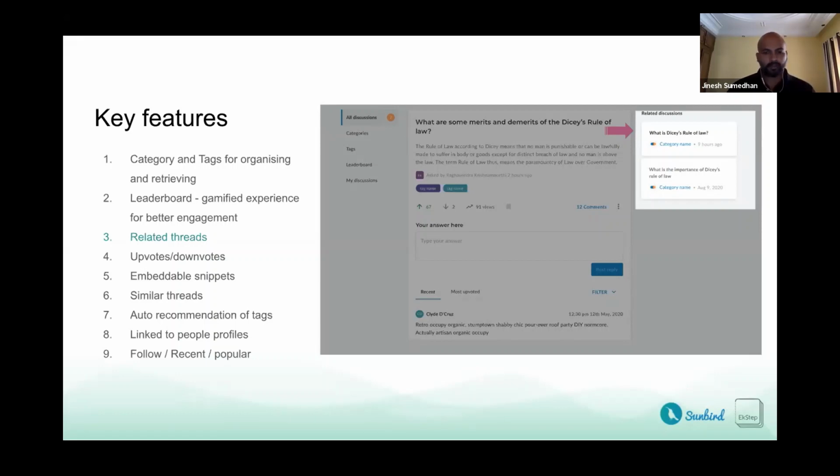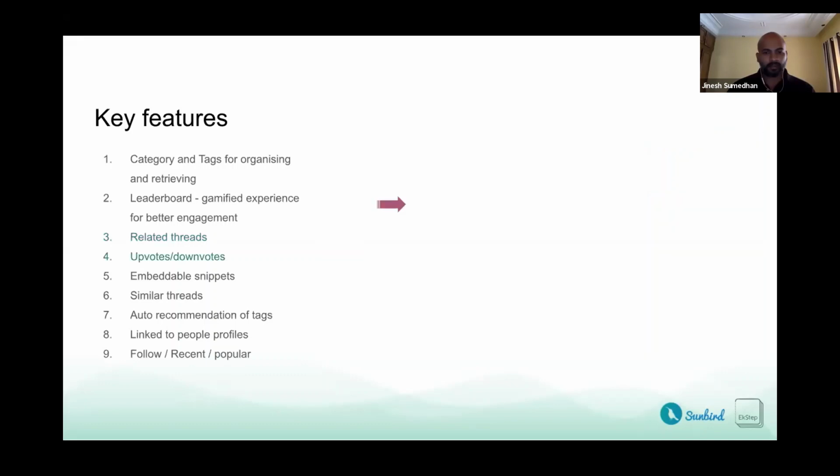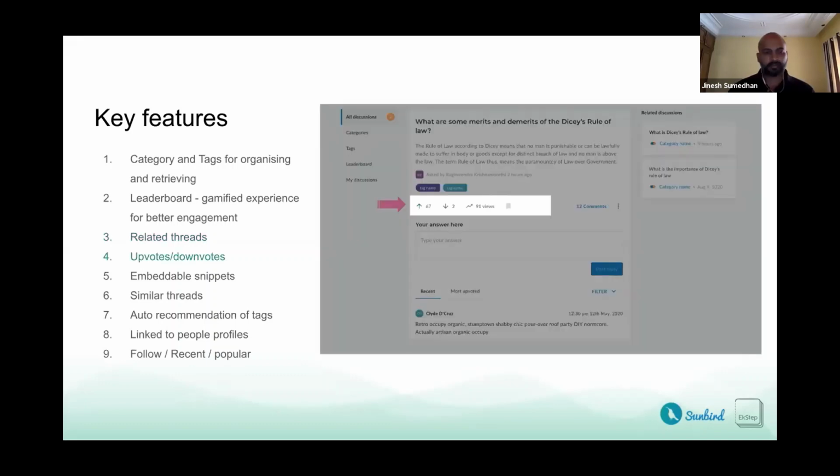This is another capability where we have the ability to drive further engagement and also, in a way, crowdsource the qualitative improvement of the discussions. So we have capabilities like upvote and downvote on the views. There's also something that we're working on where the person who asked the question could also accept the answer. So that would be another factor that will be coming up.